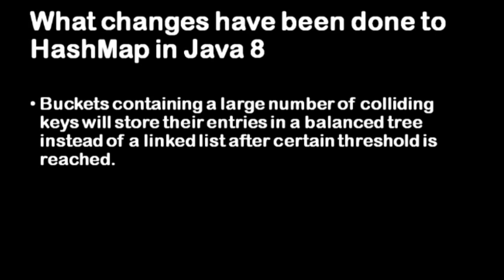Now the enhancement that has been done here is, after a certain threshold, if all the keys are getting placed at the same bucket, the same index, then instead of a linked list, HashMap will now use a balanced tree. This is the new enhancement. So instead of using a linked list and traversing each and every object, it is now using a balanced tree.